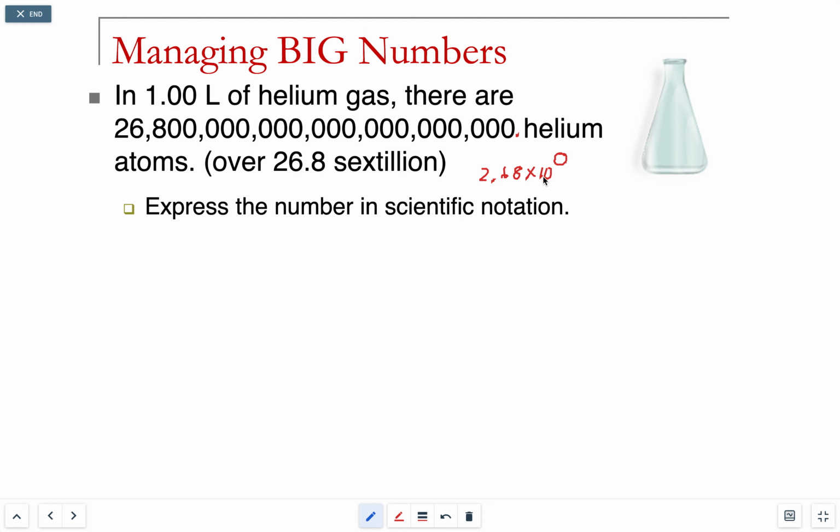So I would write multiply by 10 to the third. Okay? So every time I move this over a decimal point, that's 1 power of 10. So that's 3, 6, 9, 12, 15, 18, 21, and now to get it in the right format, I have to do that 22 times. So now the number there is 22.